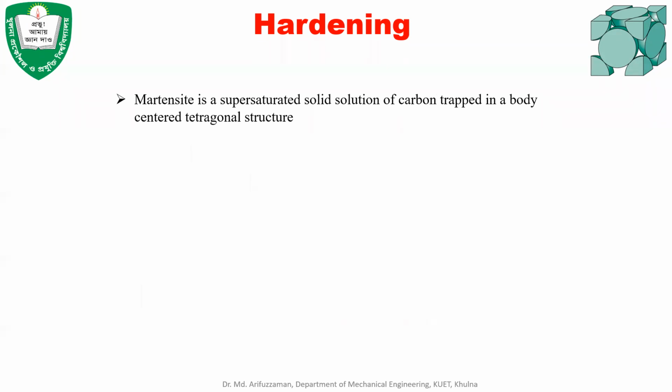That means it has a tendency to transform into body-centered cubic structure, but because of the trapped carbon that could not come out, it forms a tetragonal structure, which has sides A and B similar, but side C longer than A and B. That is why the microstructure also shows a slightly different structure. We'll see that. Because the carbon atoms could not come out of the iron matrix, this solution is called a supersaturated solid solution.